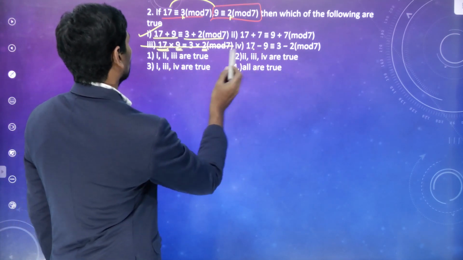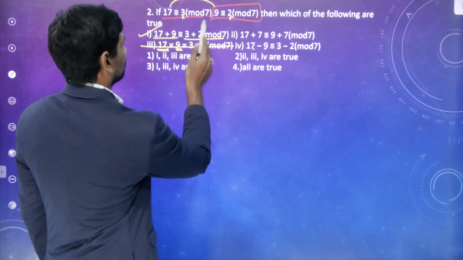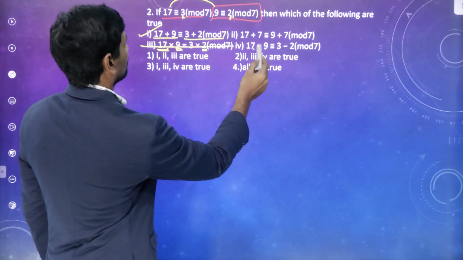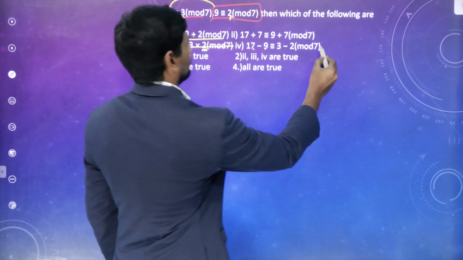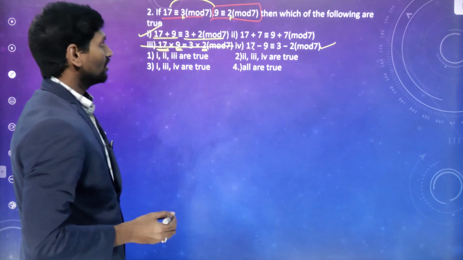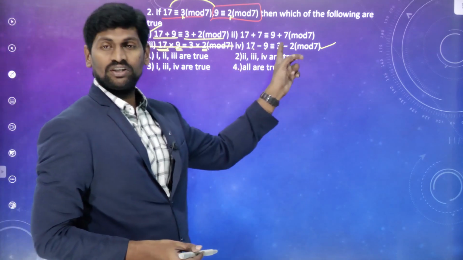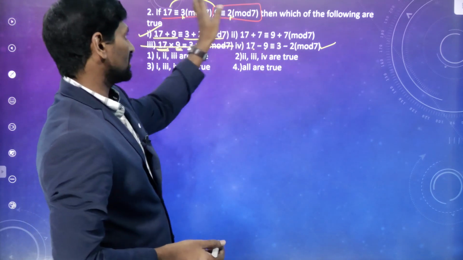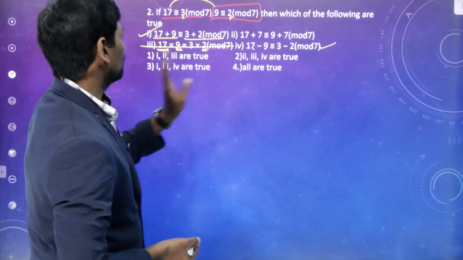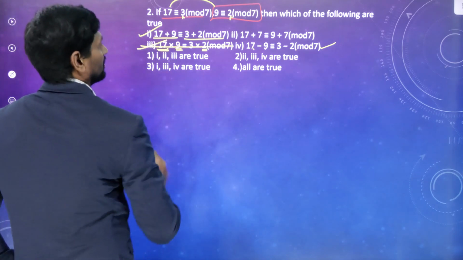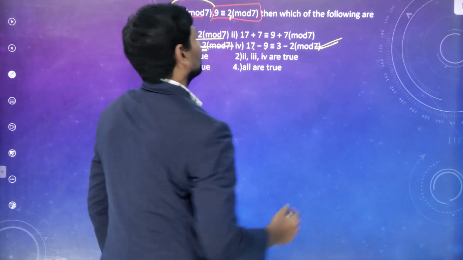Both sides are the same operation, here both are subtracted. So 17 minus 9 is congruent to 3 minus 2. In the first one and second one we are subtracting. So the third one is correct. Fourth one is also correct.